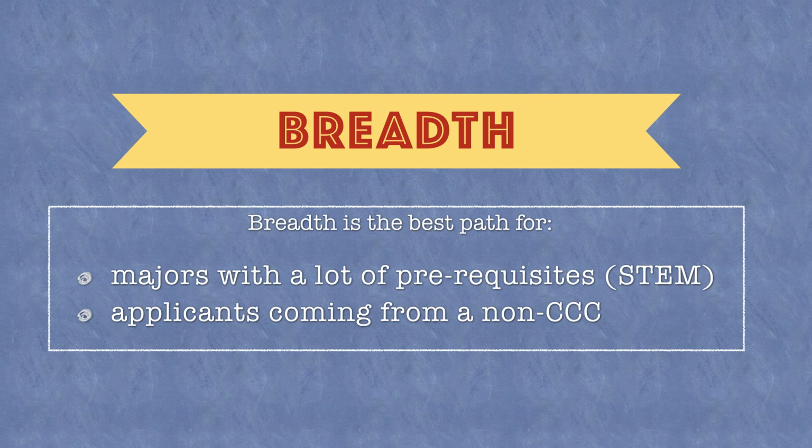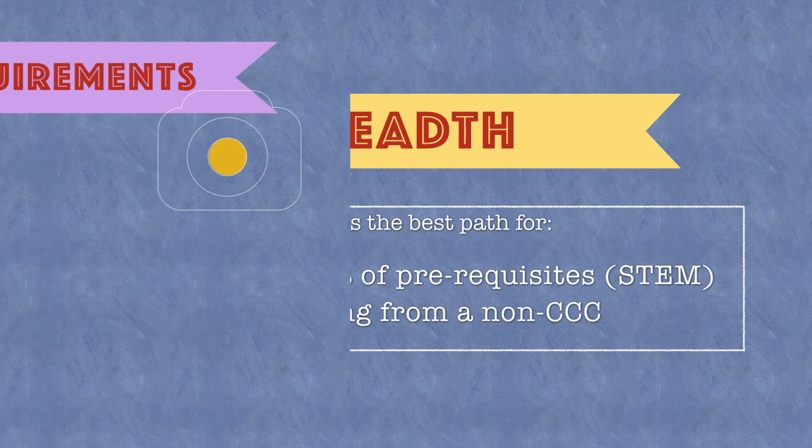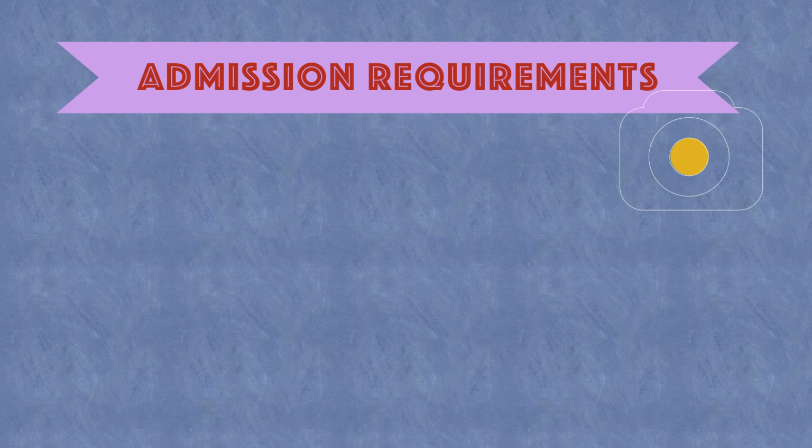This would include, obviously, STEM majors, and this also applies if you're at a California community college. Between breadth and IGETC, generally a STEM major should choose breadth. I mean, there are exceptions, but generally that would be the case. The reason being, by the way, there's fewer courses to take because STEM has got so many requirements. You'll never get through it all if you're trying to do IGETC and the major courses.